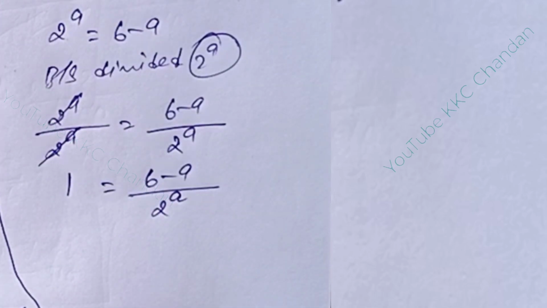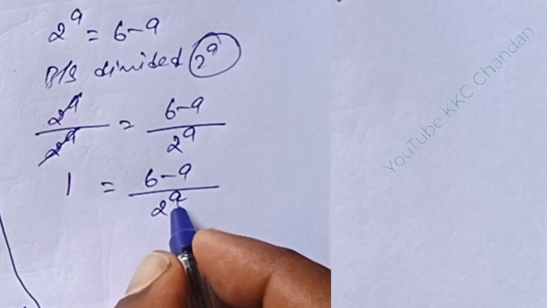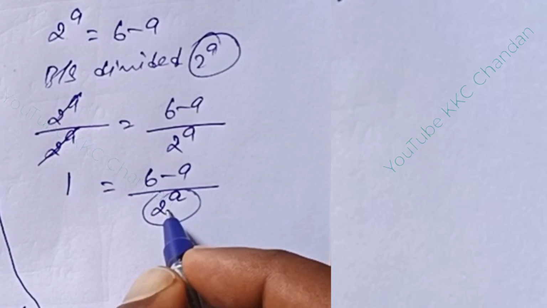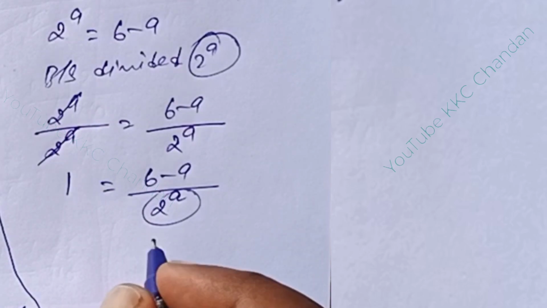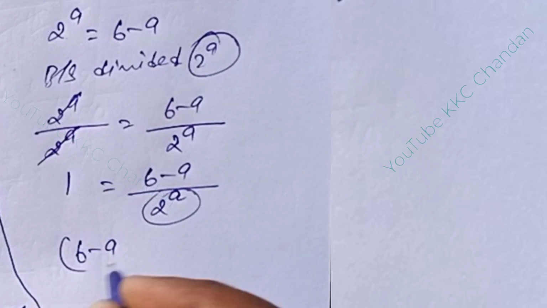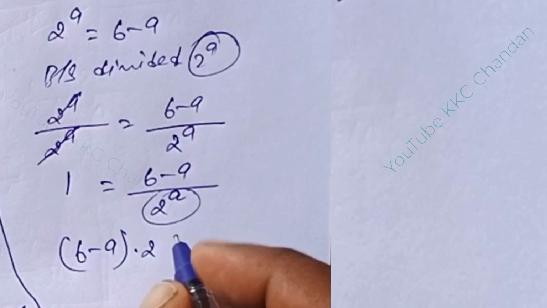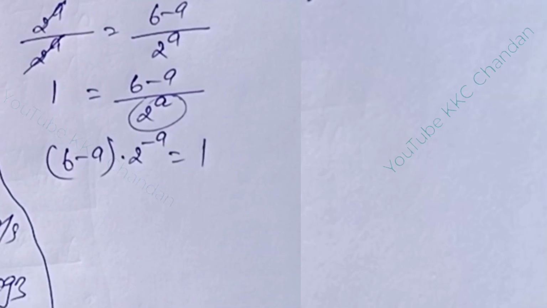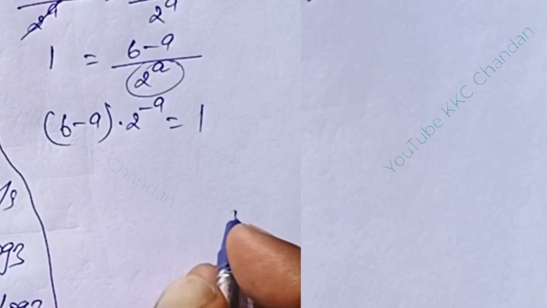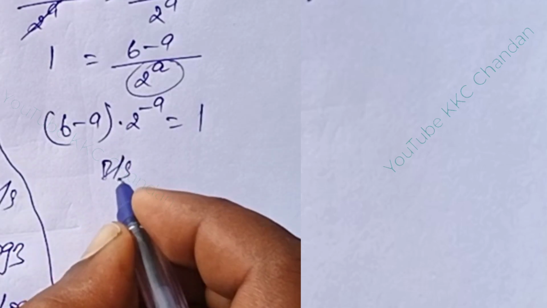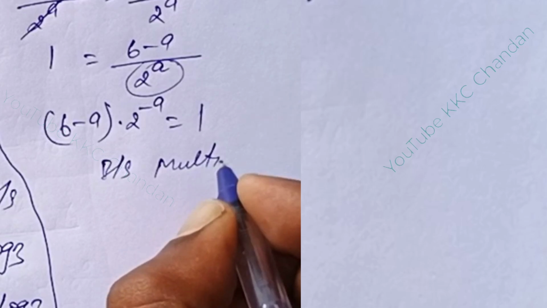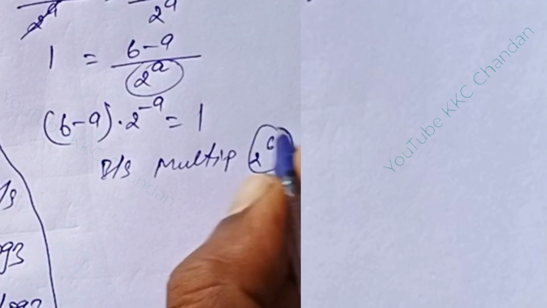In the next step, we know that this whole thing comes to the upper side, so we want the 2 power minus a value. So 6 minus a into 2 power minus a is equal to 1. In the next step, multiply both sides with 2 power 6.